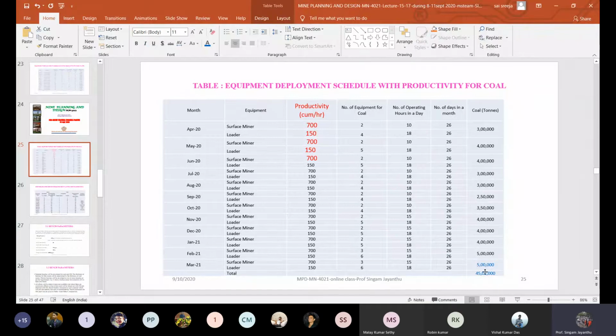This is how 4.5 million tons of coal is produced during 2021, from April 2020 to March 2021, with this type of scheduling. Based on that you will be estimating the number of days, the number of operating hours, and of course the number of equipment and all the concerned productivity. So this should be there in your mind.